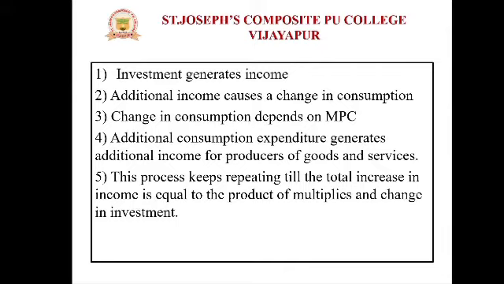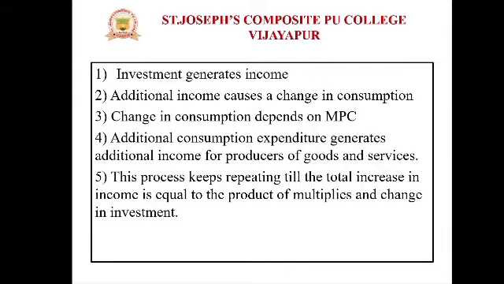Third, change in consumption depends on the marginal propensity to consume. Fourth, additional consumption expenditure generates additional income for producers of goods and services. Fifth, this process keeps repeating till the total increase in income is equal to the product of the multiplier and the change in investment.